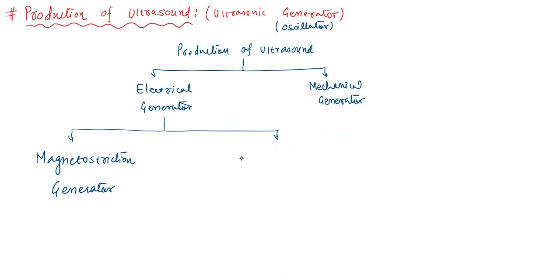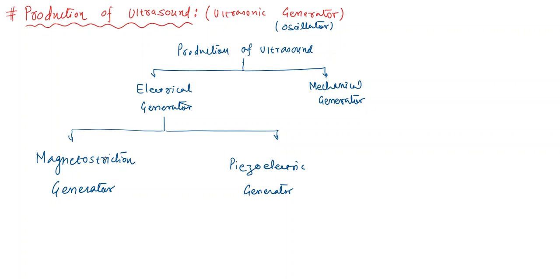And the second is based on a similar type of electrical phenomenon, like magnetic. They are known as piezoelectric generator or oscillator.